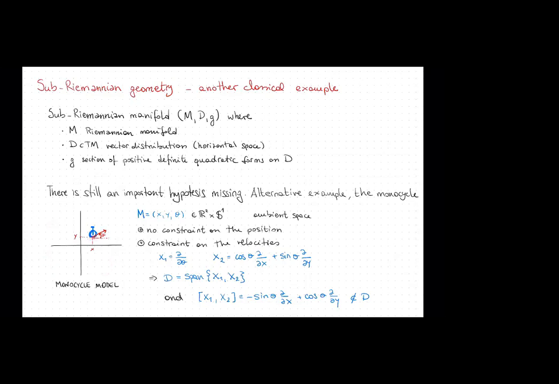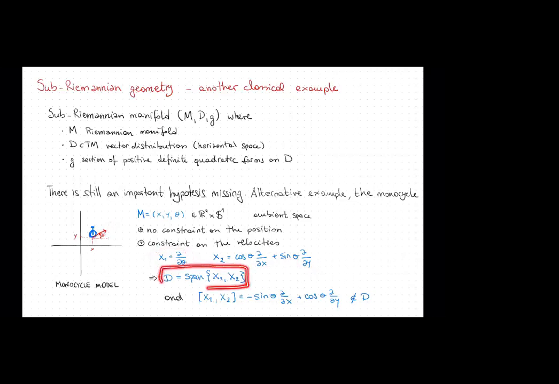It's a monocycle in space. But because it's a monocycle, what you can do is turning your wheel, which would be this vector field here, or move along the direction in which you're pointing, which would be this vector field here. This is the vector cosine theta, sine theta. So when you pick theta, you're moving in that direction.